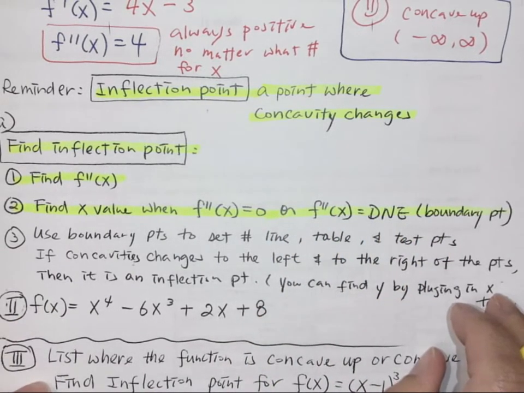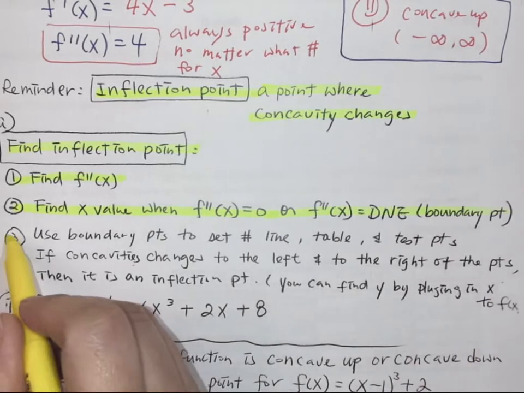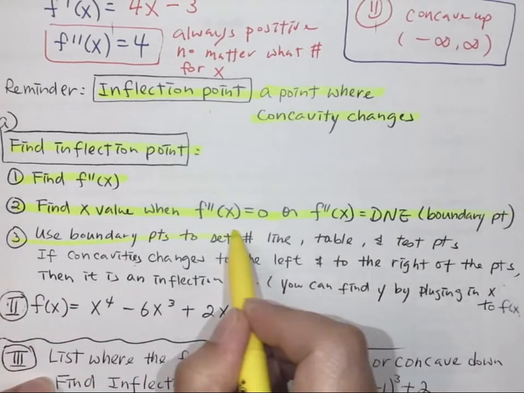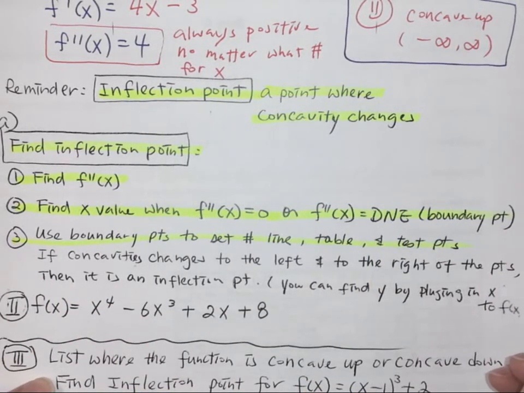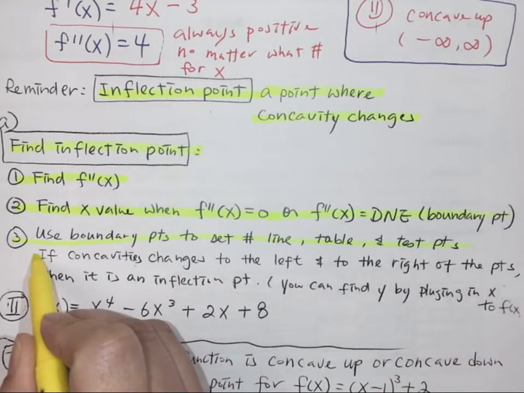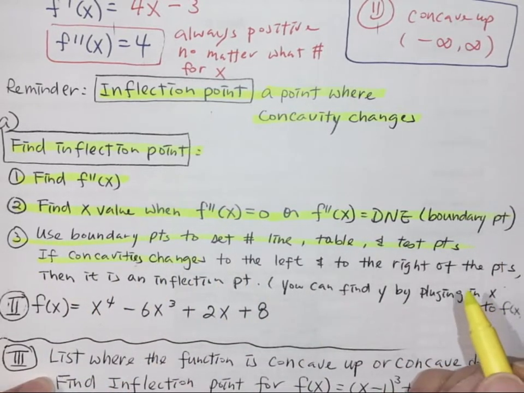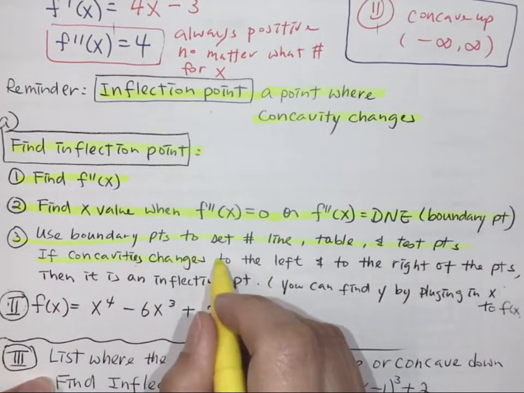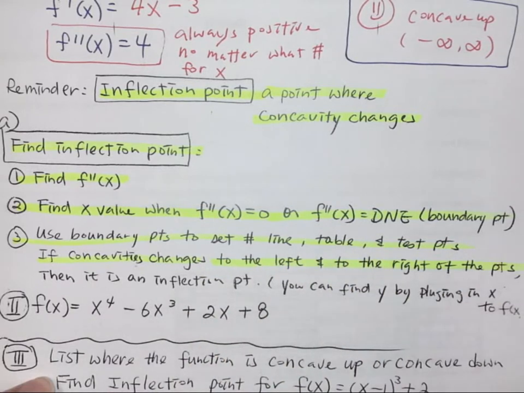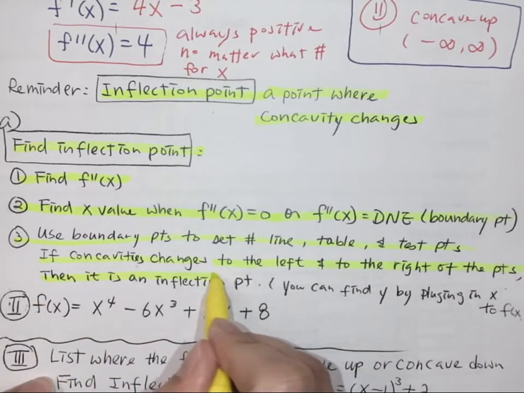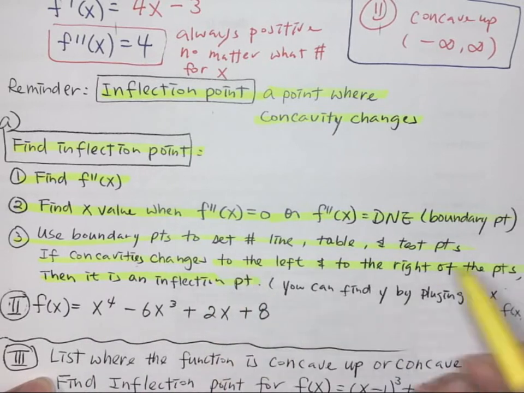We use those to make boundary points, and then you're going to use those boundary points to set up a number line, table, and test points. If you have a concavity change to the left and to the right of that point, then that is your inflection point.